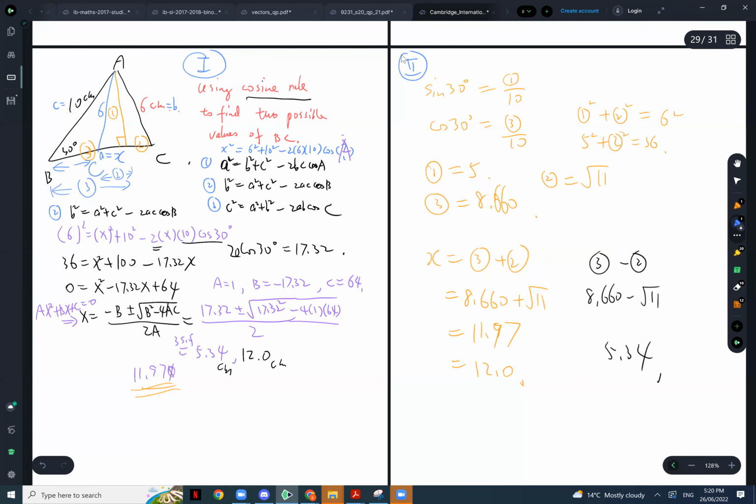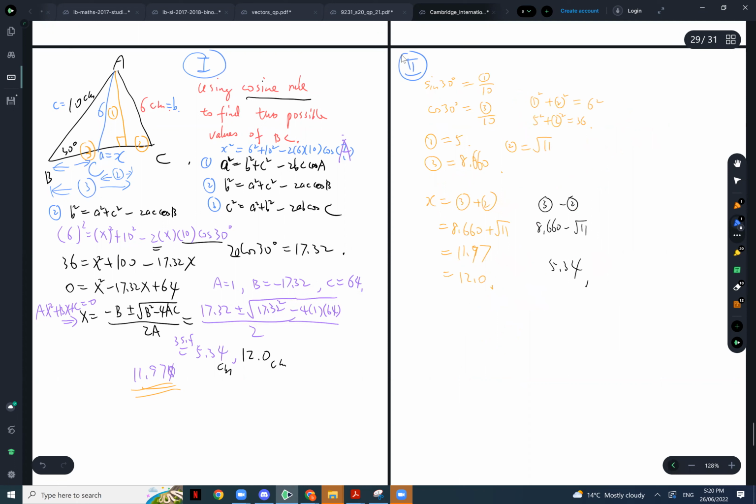The third way will be the official name. It's called something case? Ambiguous case. Oh, I remember that. Oh yeah, that sounds ambiguous. But that's for the sine rule.